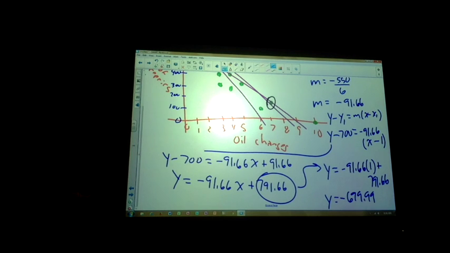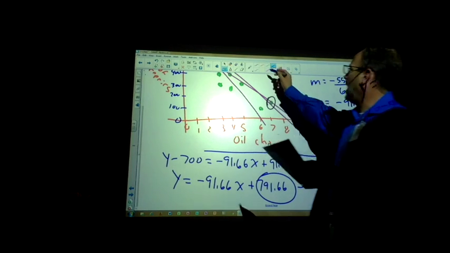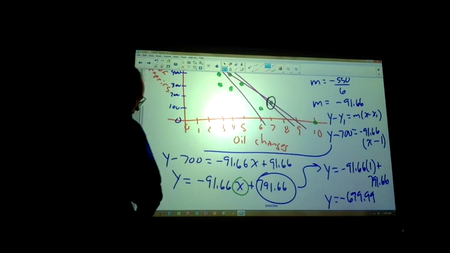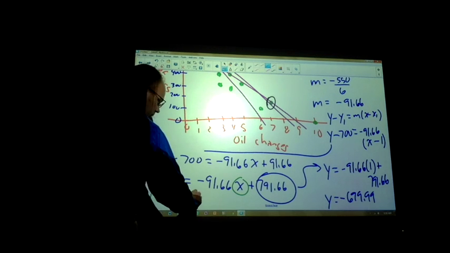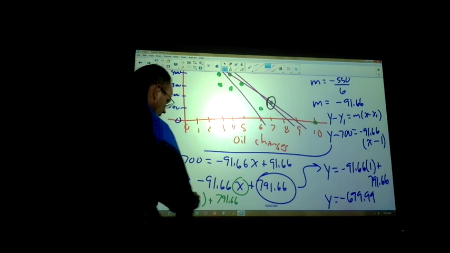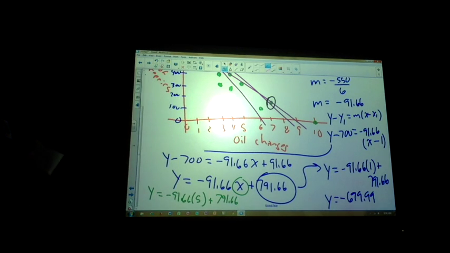Do we under or over predict the cost for someone who had 5 oil changes? If I had 5 oil changes, I'm plugging a 5 in there. What is 5 times negative 91.66?